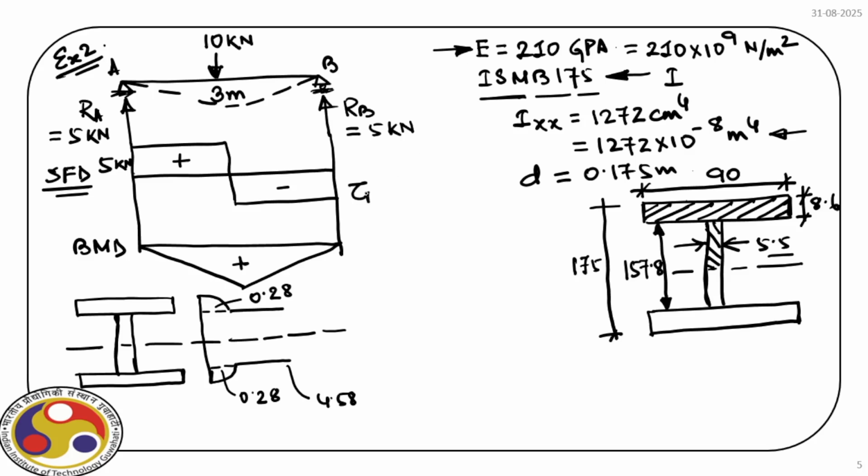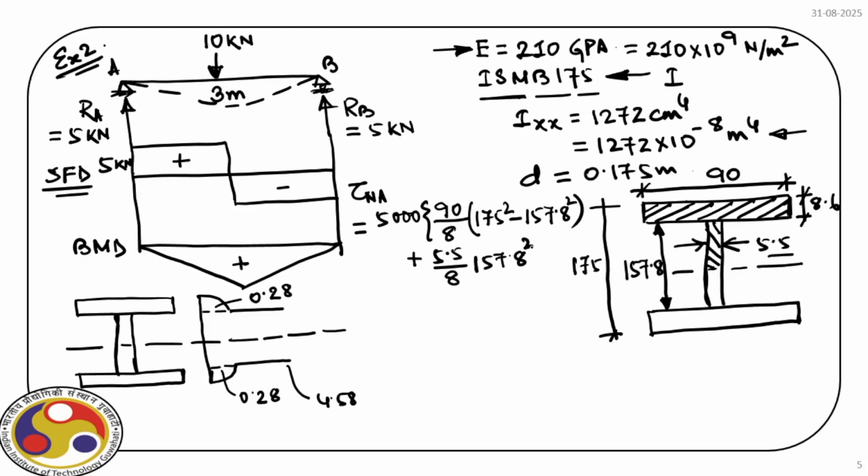So tau at the neutral axis, if you put in that expression, our shear force is 5000 times we have 90 as the width of the flange, 90 by 8 times capital D square, so that is 175 square minus small d square, 157.8 square, plus tw 5.5 divided by 2 into, divided by 8 into 157.8 square.